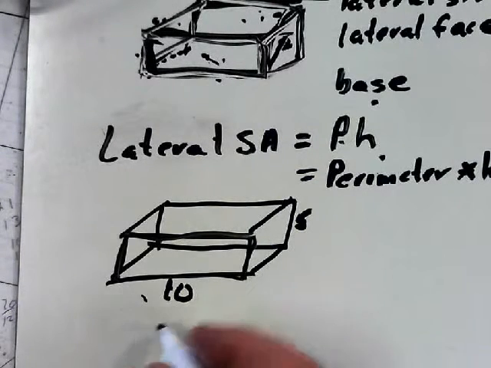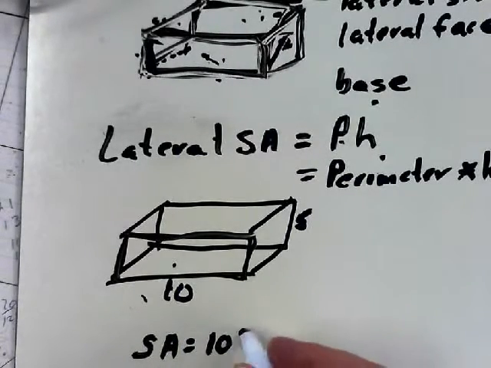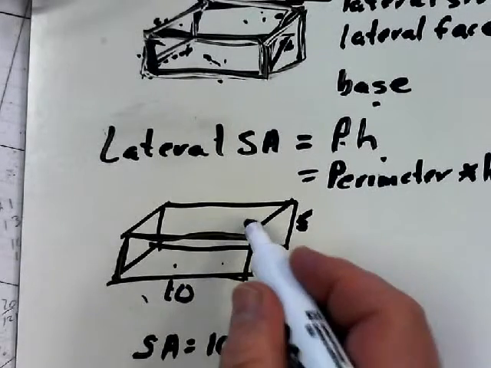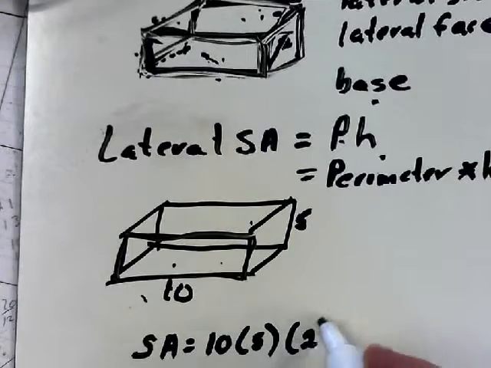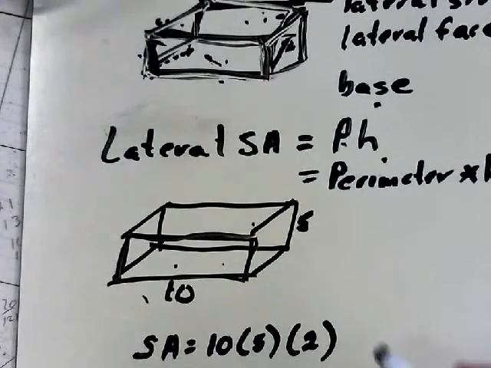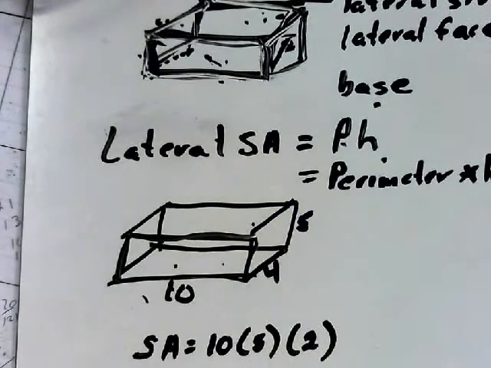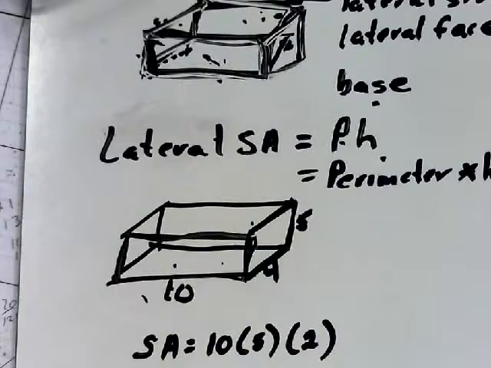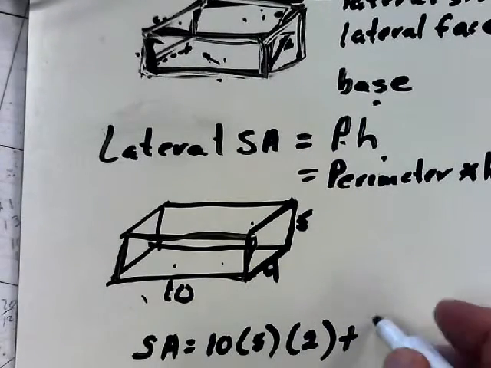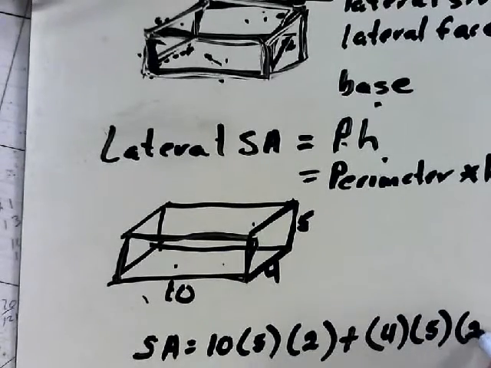Okay, so the surface area of this one would be 10 times 5, and don't I have another one exactly like that behind it? Times 2. Let's say this was 4. Can I find the surface area of this rectangle? Yeah. Add to that 4 times 5, and don't I have 2 of those? Yeah.